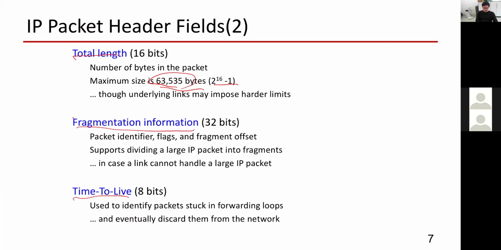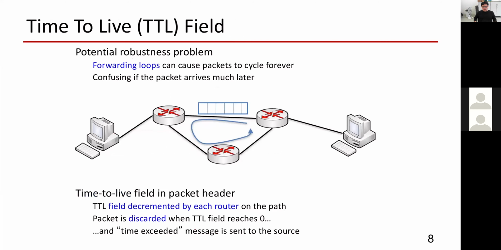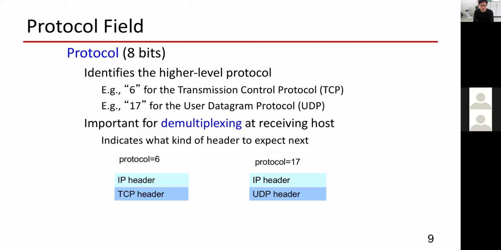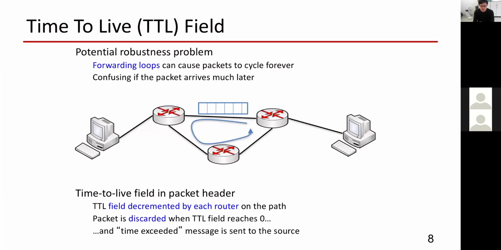Time to live identifies packets that are stuck in a forwarding loop. So how can you get out of the loop, or how can you discard this packet itself? Look at the TTL first. TTL addresses a potential robustness problem. Say my packet is forwarded multiple times and somehow gets into a loop. How can I kill it?